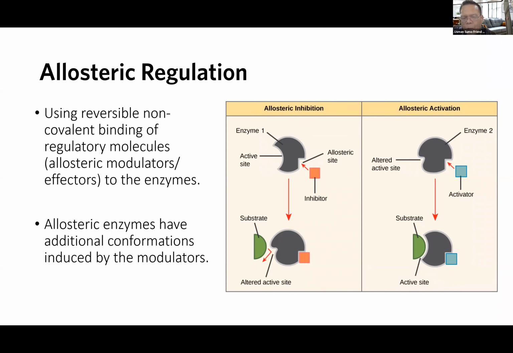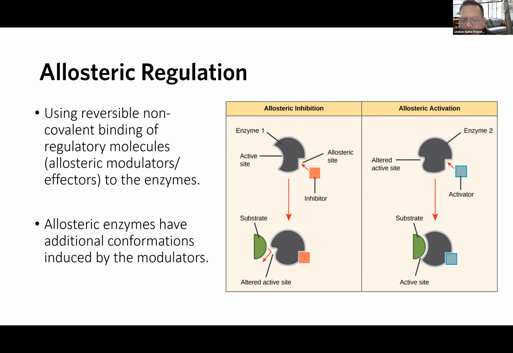Let's see the figure in this slide. Allosteric inhibition. We should determine first this enzyme one. This enzyme has one allosteric site that can be attached by an inhibitor.